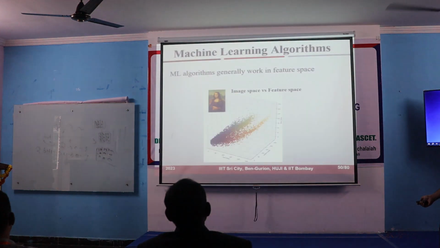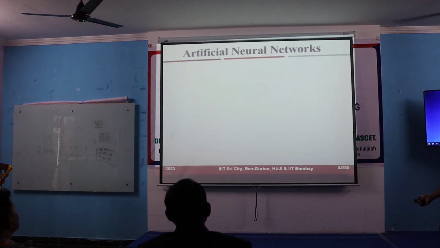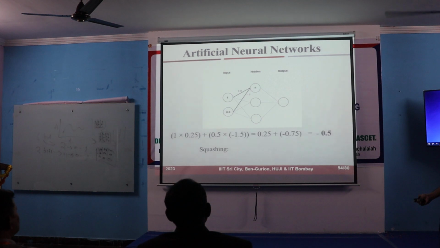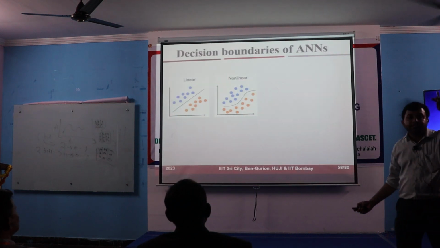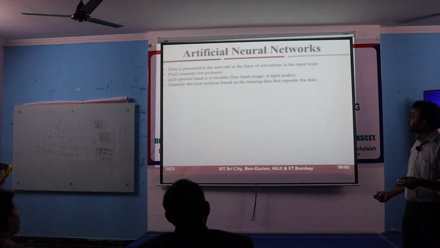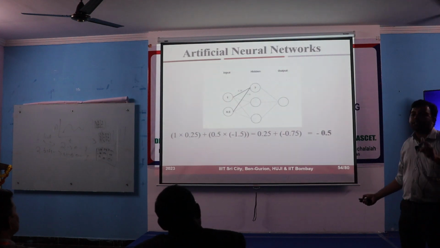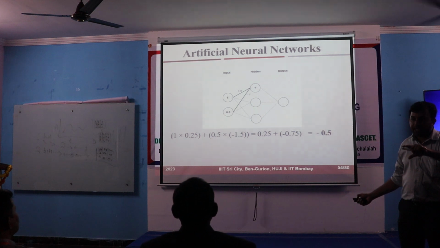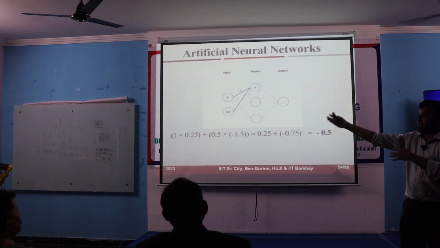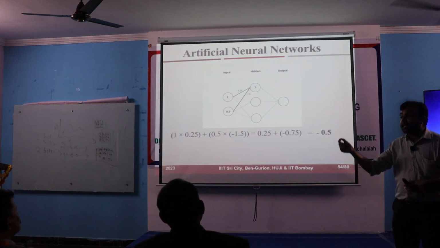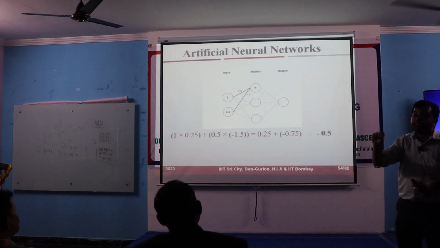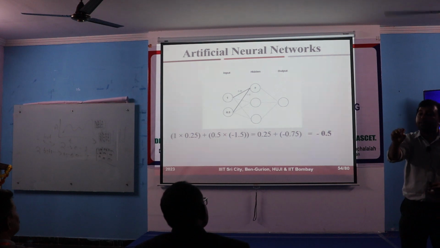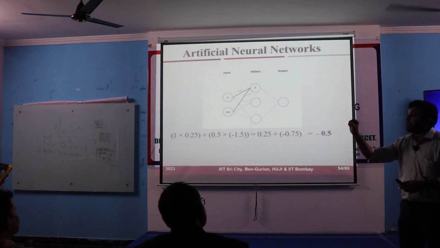Since I have to close, I will just say that you can use an artificial neural network to learn those filters. I told you, as you change the filter, the feature changes. So you are here learning filters. That means you are actually learning which feature is the best to represent your image or your set of data.